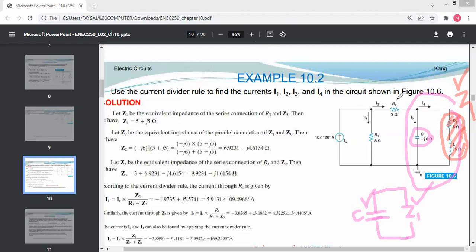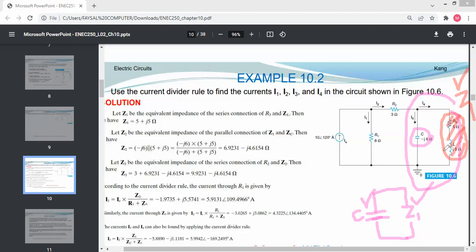I will move from left to right. We take the equivalent impedance, and then I have to find the value of current with respect to the Z value, because we use the current divider rule.